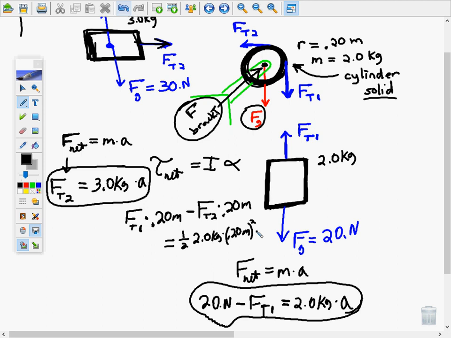But instead of writing alpha here, what can we replace alpha with?